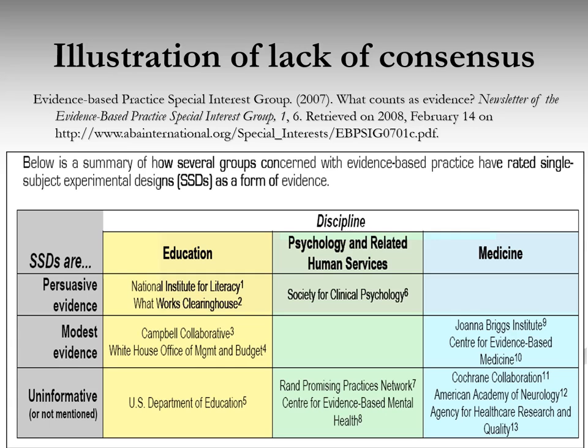And then you can see that some organizations said, well, single case experimental designs give persuasive evidence, whereas other organizations said, well, they give some evidence, but less than, for instance, group comparison designs. And some organizations said no, single case experimental designs are non-informative at all.